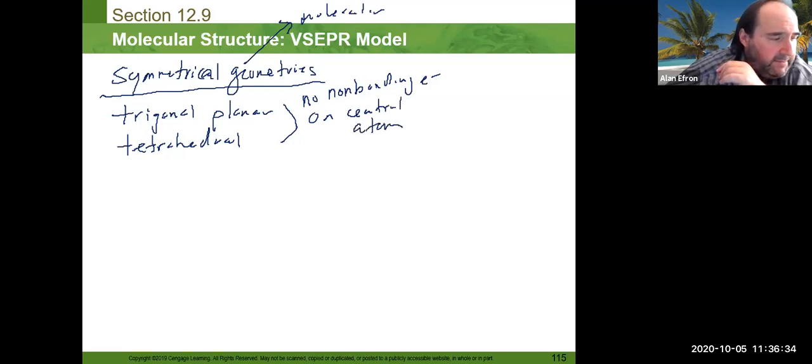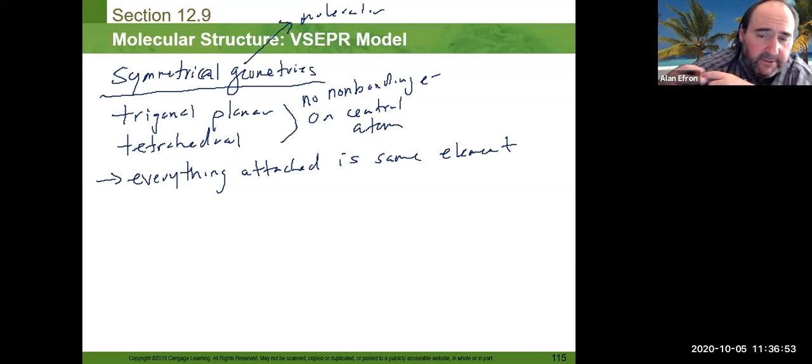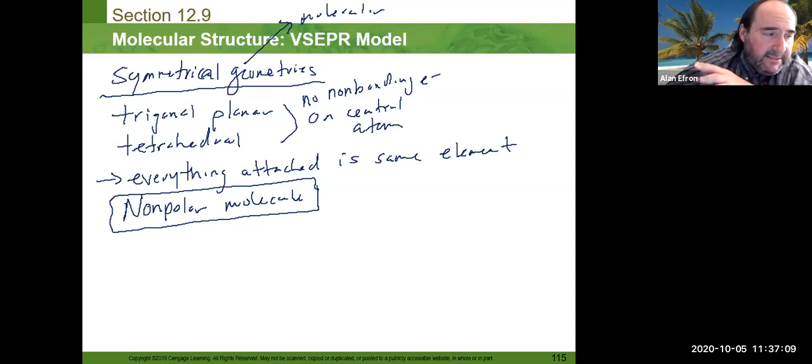So if you have these two geometries, no non-bonding electrons on the central atom, and most importantly, everything attached is the same atom or same element, so all the outside ones are the same element, it is a pretty safe bet to write this word right here. It is a nonpolar molecule. So if you have either one of those geometries and everything on the outside is exactly the same, it's going to be a nonpolar molecule.